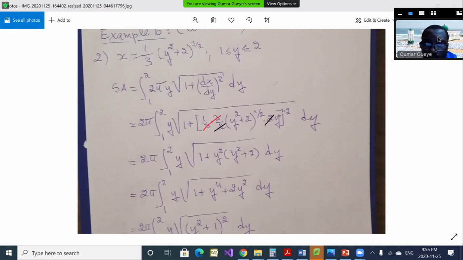It remains only y and the bracket here. And to the power 2 is going to be just y squared. And here, since the exponent is 1/2, it becomes just a square root, and now you have to multiply y squared and this bracket. Is it okay up to here?